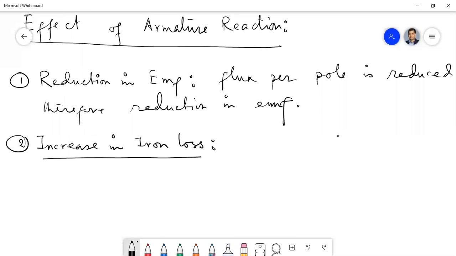The value of the iron loss. Now you know what iron loss is. Do you know what the iron losses are? Sir, eddy current loss and hysteresis loss. In which class have you studied this? Sir, in 12th and in the previous semester. Okay, sir, you have only taught us.